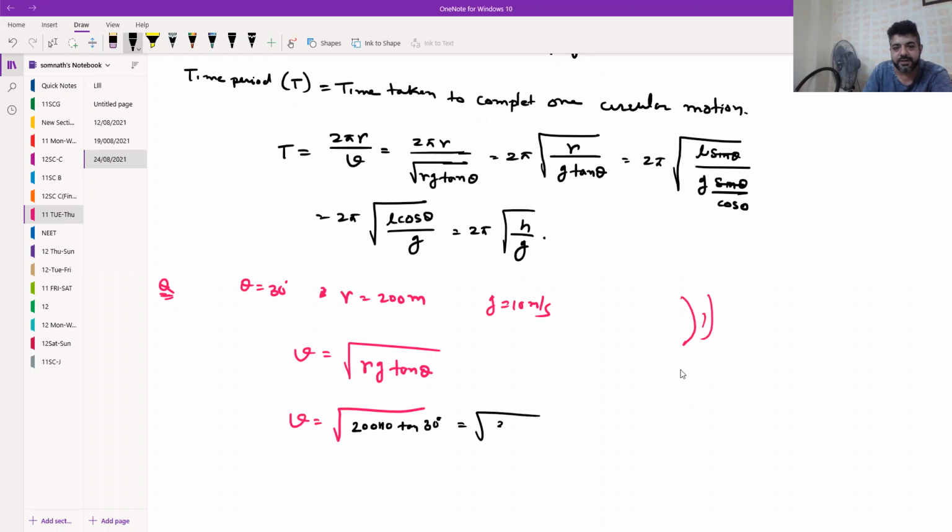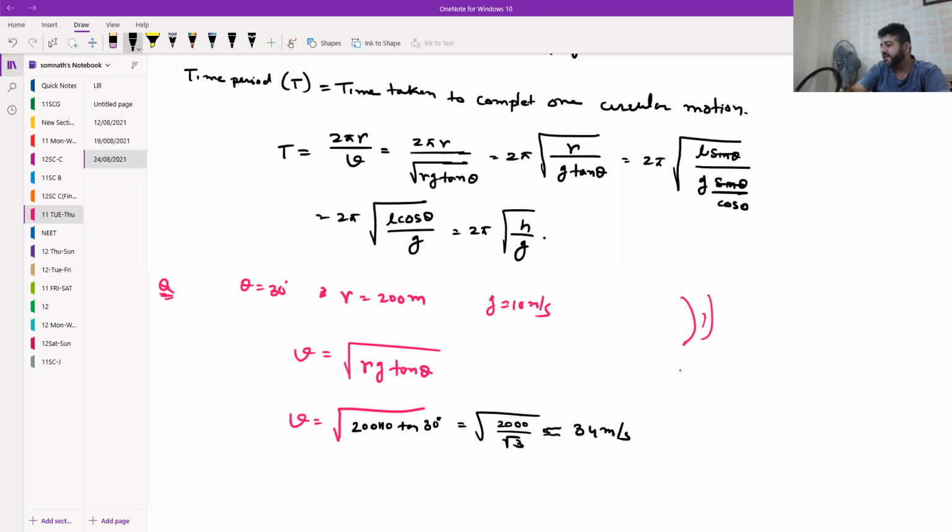So what can we write? Root of 2000 by root 3. Yes or no? And the value is almost 34 meters per second. Okay, everyone? Is it okay? Yes, sir.